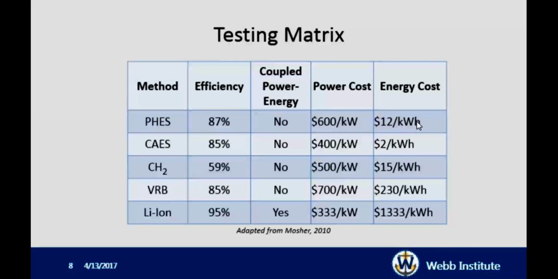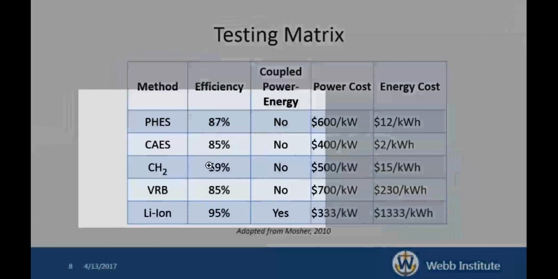I have one question. What kind of efficiencies do you have for storing and then recovering? Well, these efficiencies right here are round-trip efficiencies that are, again, from data that I've collected from other sources. It'll be difficult for you to read them, so let me zoom in on that.